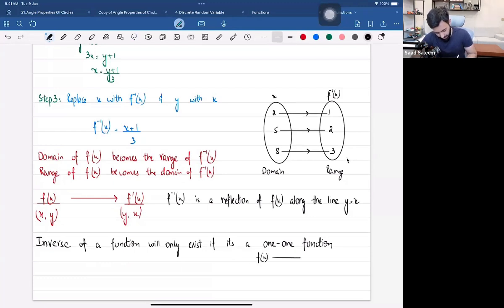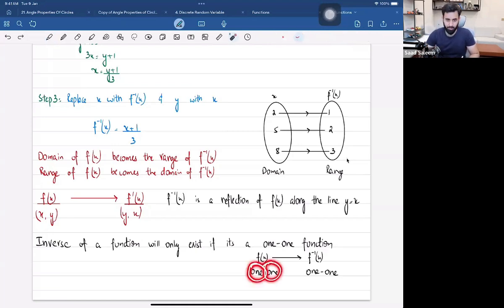So here's f of x, and here is f inverse of x. If it's a one-to-one function and we take the inverse, it will still remain a one-to-one function. For every one output, you will have one input. So earlier, there was one input, one output. If you do the opposite, same thing, one input, one output.